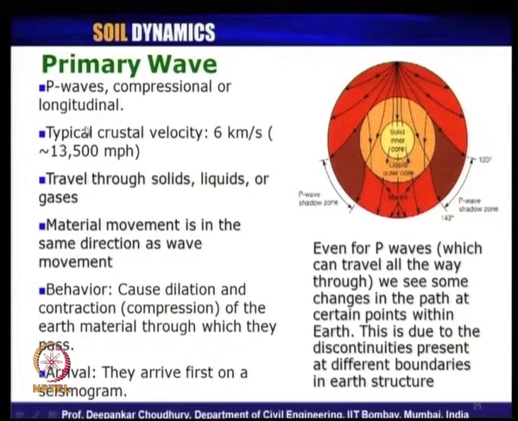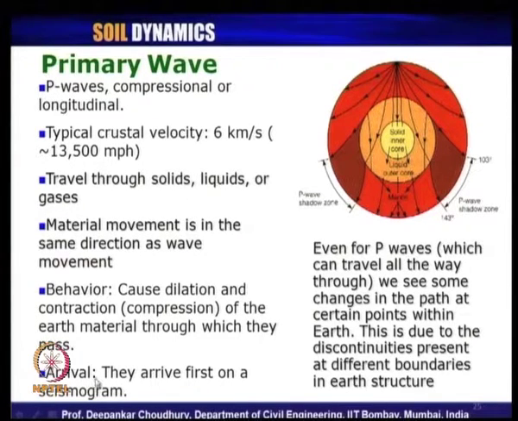What are the other characteristics we have seen for the P wave in the previous lecture? Their typical crustal velocity is about 6 km per second, and it travels through all media, that is solid, liquid or gaseous, and material movement is in the same direction as the wave movement. Its behavior is that it causes dilation and contraction of the earth material through which it travels.